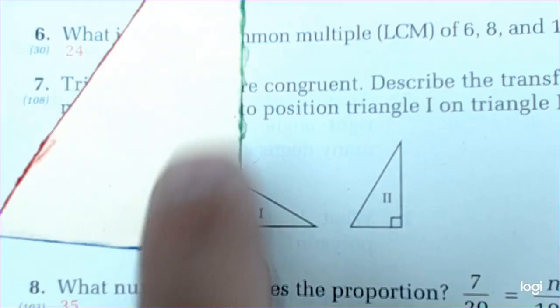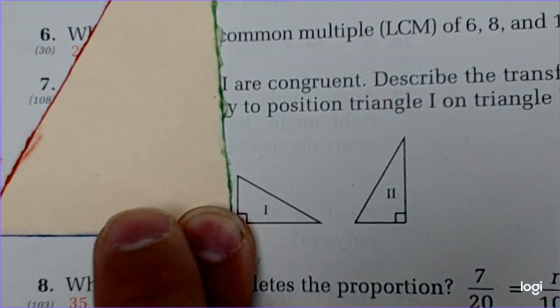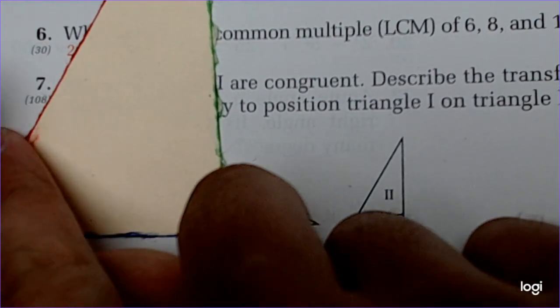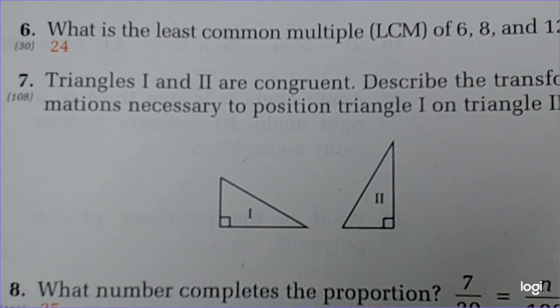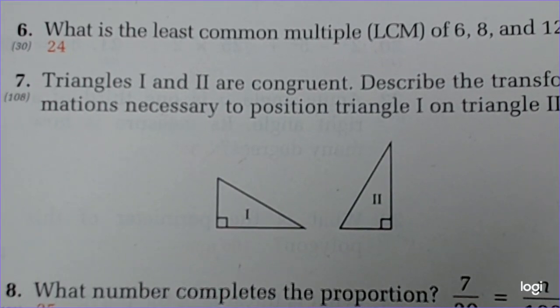But the problem is this triangle is not in the same spot. If I rotate it, it would be over here. So it looks like they rotated it and they translated it, sliding it. So this one would actually have two answers: rotate and translate. You can have more than one answer in these problems. That's it for this lesson. If you have any questions, let me know on the school website, and I will see you in class.